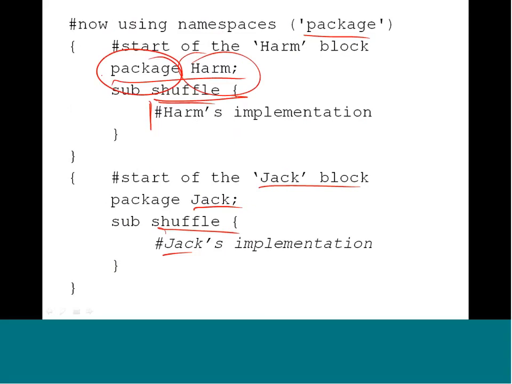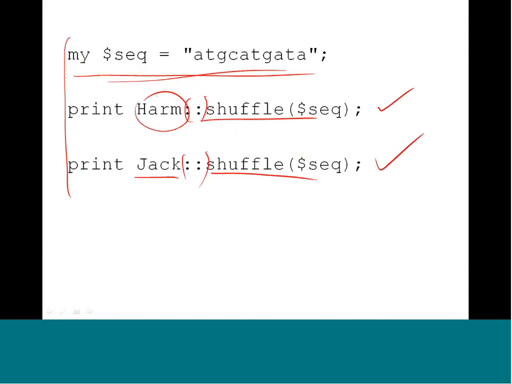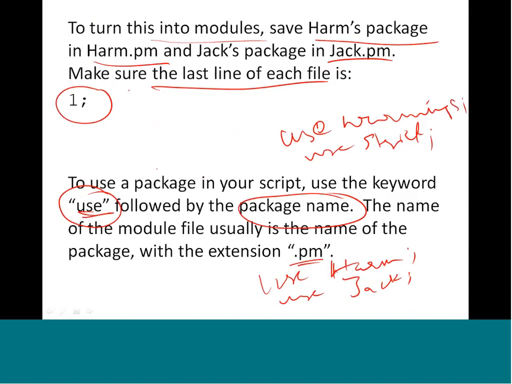And for Jack, it also starts the same way, package Jack, and then his shuffle. And then once we use it, we just say Ham colon and Jack colon. This is the way we can import those packages into our program and then use them.